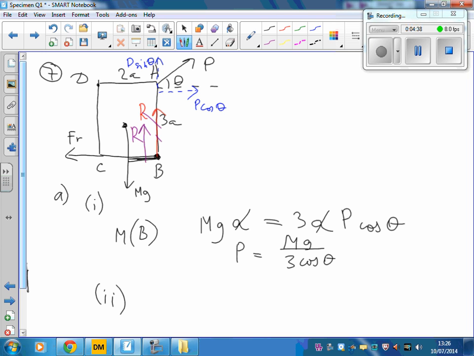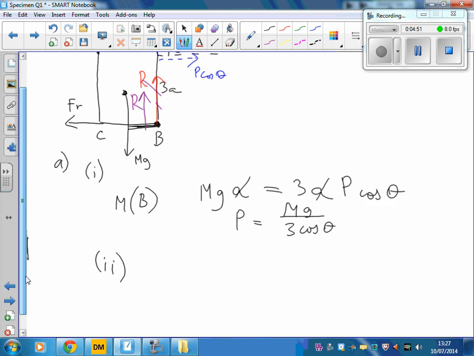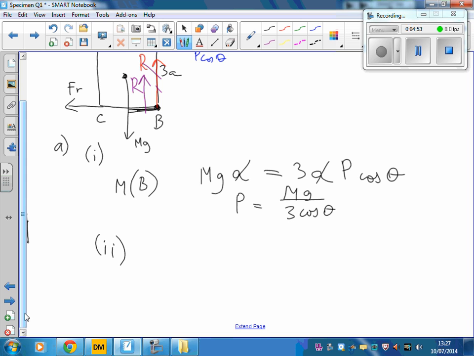So this is what we've got for the situation when the block is about to slide. Now, let's write down all the equations we have.